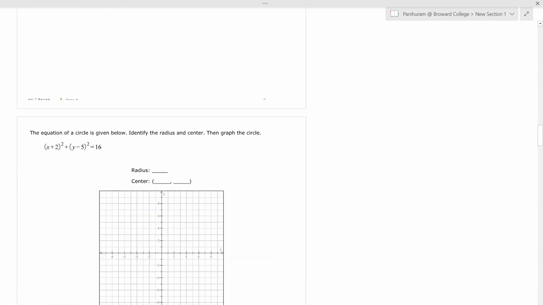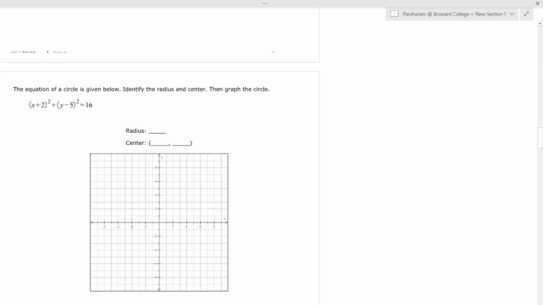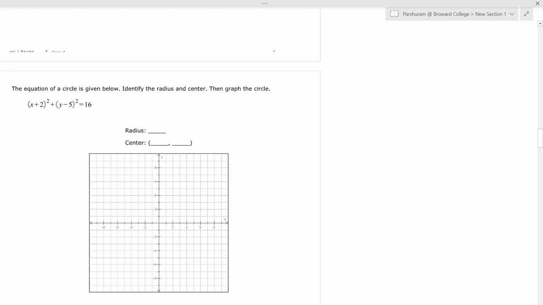Problem 16: the equation of a circle is given. Identify the radius and center of the circle. Keep in mind, the standard equation of a circle is (x - h)² + (y - k)² = r², where h and k give the center of the circle and r gives the radius.